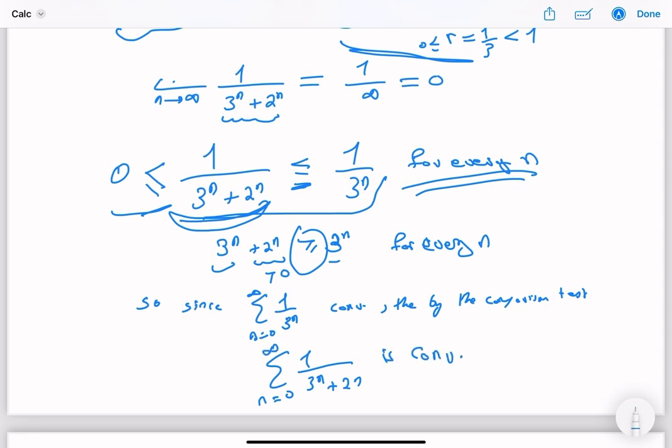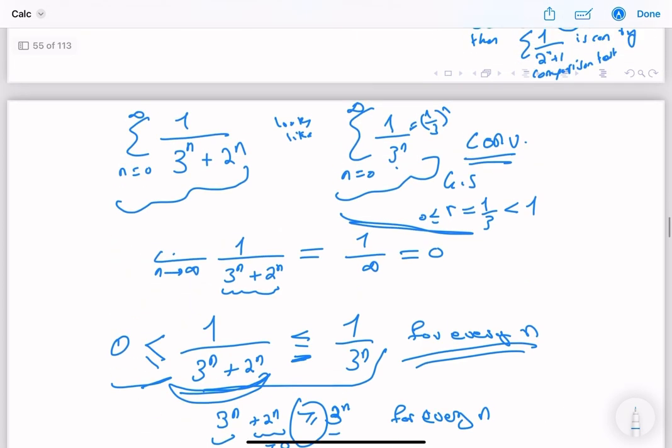You see how cool? So now, as long as your summand is positive and you can find an inequality with the summand of a convergent series, you can get convergence for free.